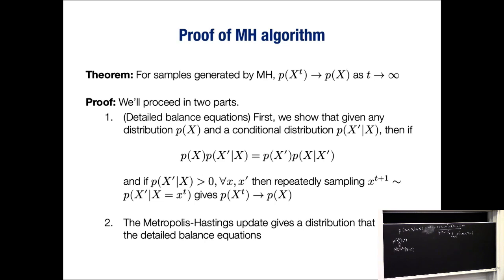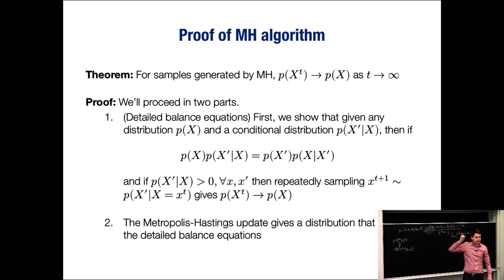The first part, we're going to think about the p of x prime given xt that's defined by this whole procedure here. q is our sampling distribution, but the p of x prime given x is the result of both steps, the sampling and then also the acceptance or rejection.